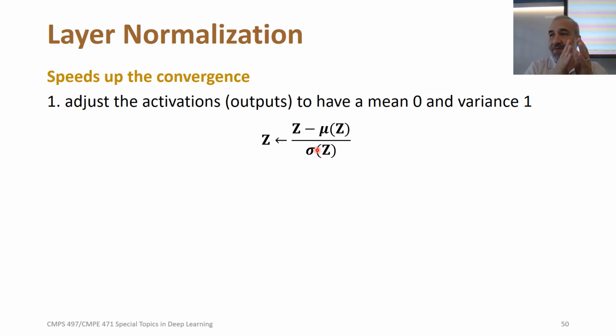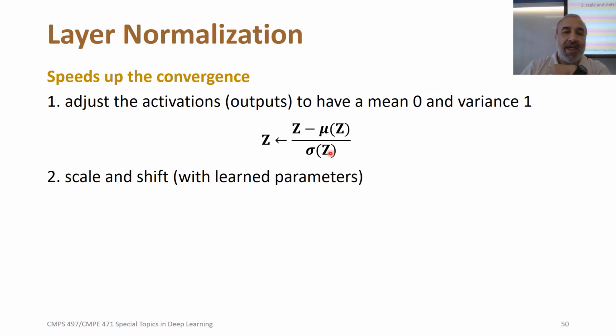The goal is that after this normalization step, all the values will have a mean of 0 and standard deviation of 1, so any outliers or extreme values will be a little bit bounded. That's a statistical operation that is very well known.